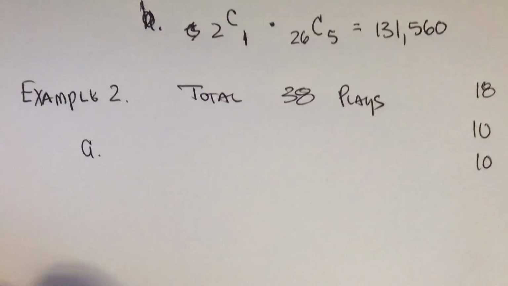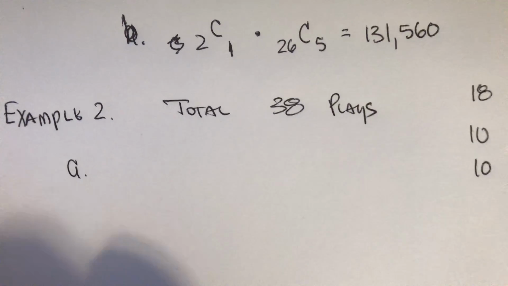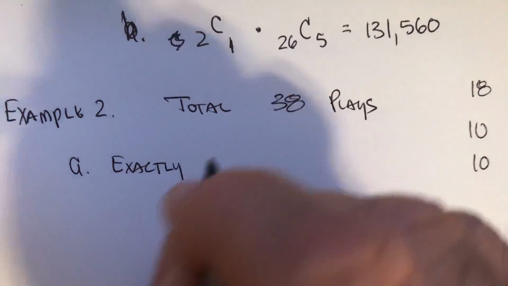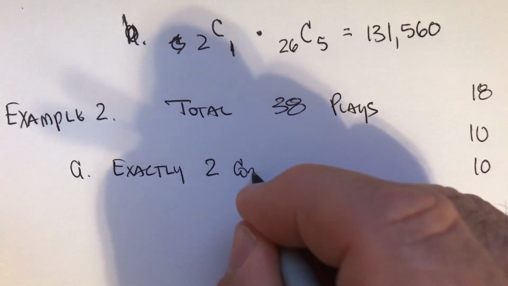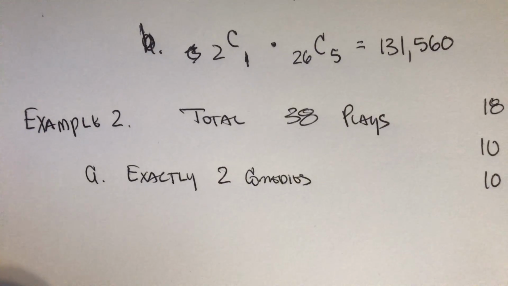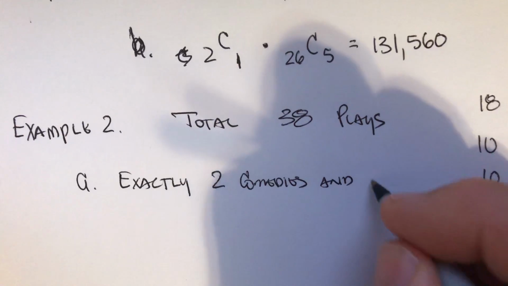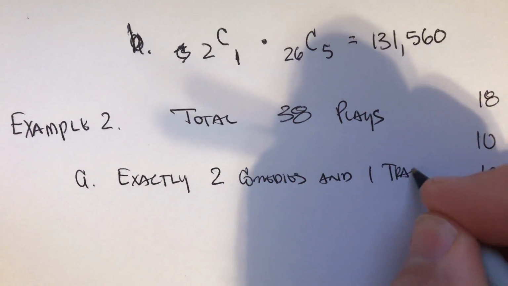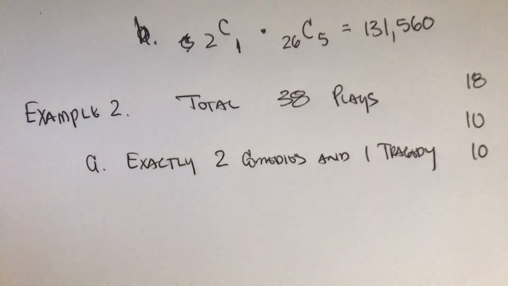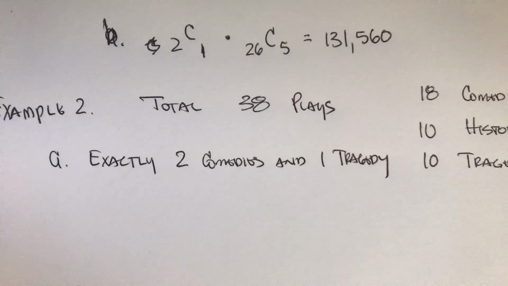Question A is, how many different sets of exactly 2 comedies and 1 tragedy can be read? Exactly 2 comedies and 1 tragedy.